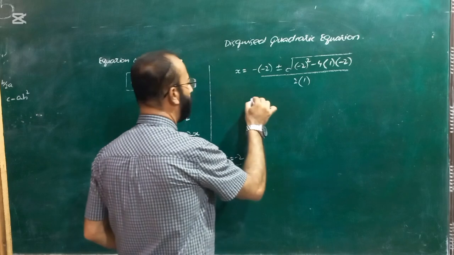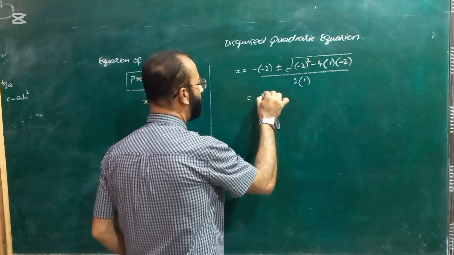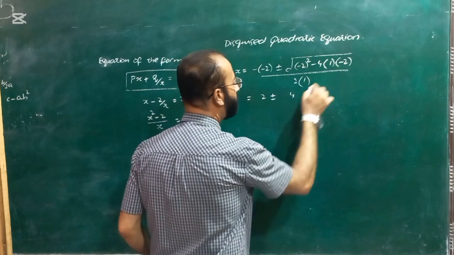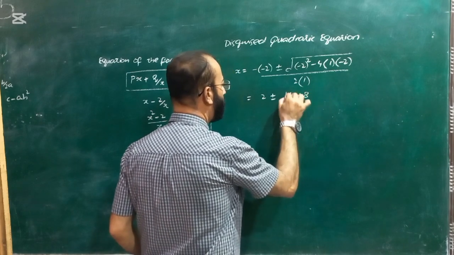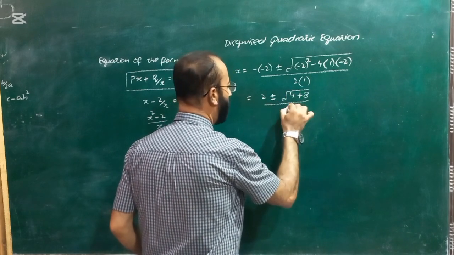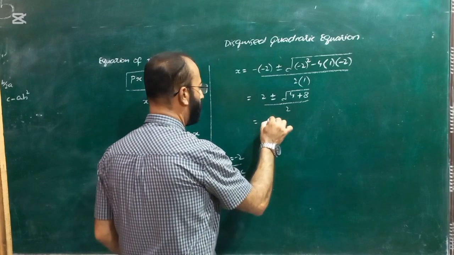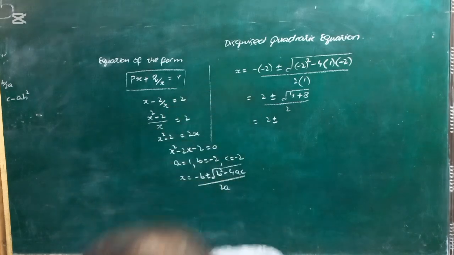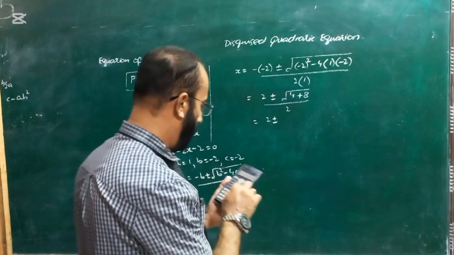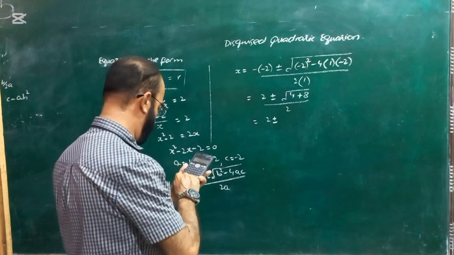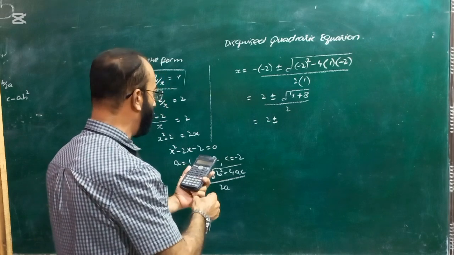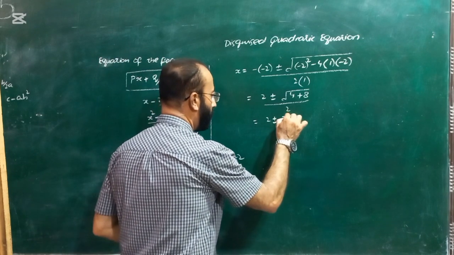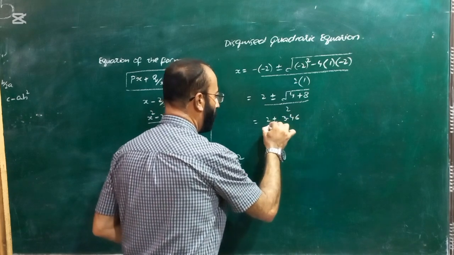Now we will solve the values. So 2 ± the square root of 4 + 8, divided by 2. From here, 2 ± √12, and √12 = 3.46, over 2.